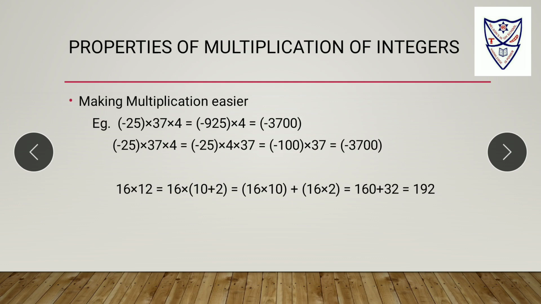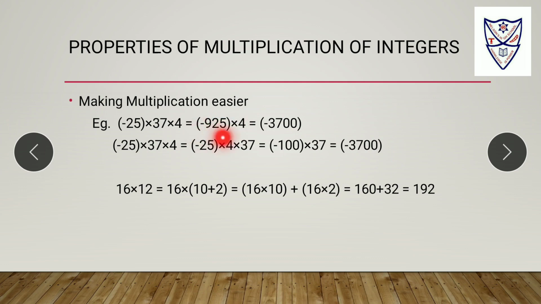Now we have learned this property already. Using this property, we can make multiplication easier. For an example, without using this property, how do we solve the multiplication? In this first example, we will take minus 25 multiplied by 37 multiplied by 4. Here we will first multiply minus 25 with 37, which we can't do orally, we have to do it in the notebook, and we will get minus 925.